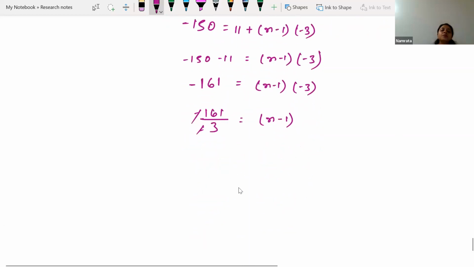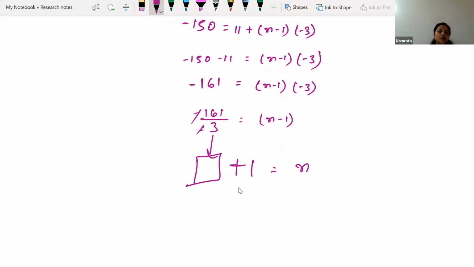So we'll be getting a decimal number, and in that decimal number, if we add 1, still that will be a decimal number, right? If we take that 1 to this side, still that will be a decimal number.